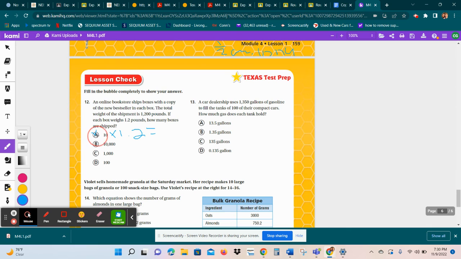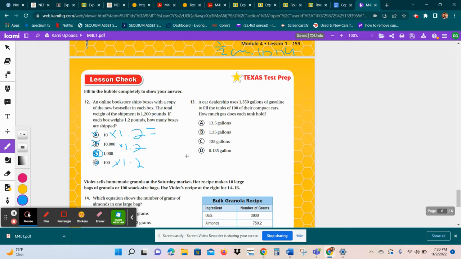Nope. Is 10,000 times 1 2/10 equal to 1,200 pounds? Nope. Is 100 times 1 2/10 equal to 1,200 pounds? Nope. But 1,000 is, and the answer is here.